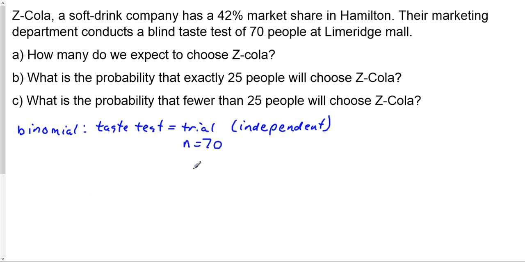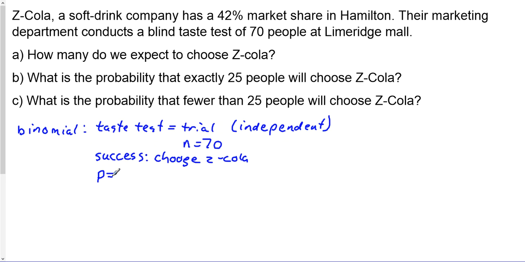And we have two possibilities in each one. We have success and failure. So we could say that success is that they choose Z-Cola, and of course, a failure would be that they don't. So what is the probability of success here? Now, this isn't a perfect question because they tell us that it has 42% market share.